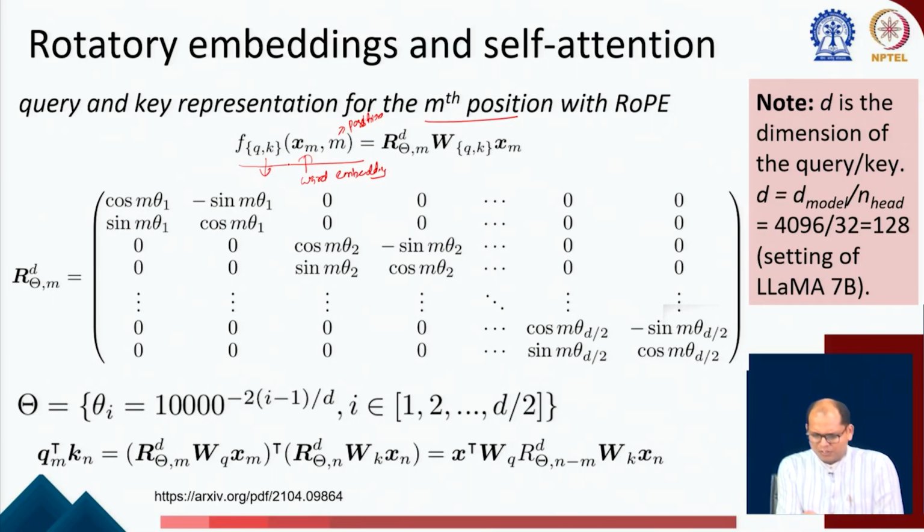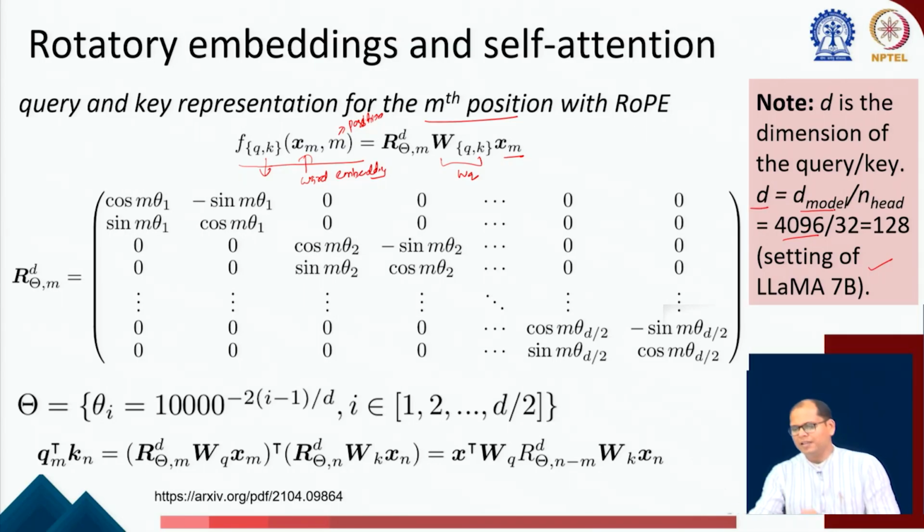Let us say I want to apply it for the query. I will take the embedding, and like I used to do, I will multiply with the WQ. Now, this would have a separate dimension than what I had in the original word embeddings. For example, take the Llama 7 billion model. D model is 4096, but it has 32 attention heads. So, what is the dimension of the query or key?